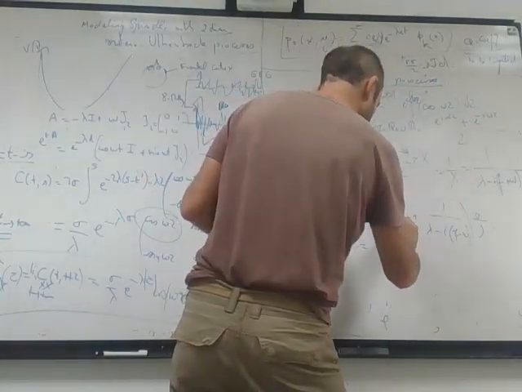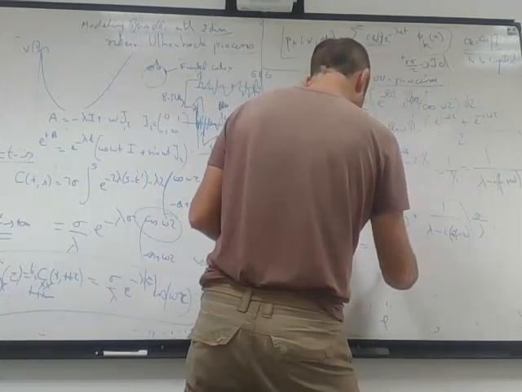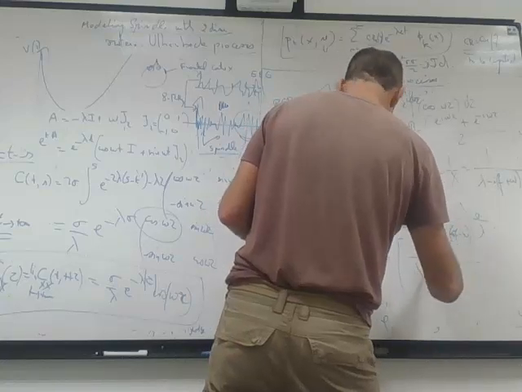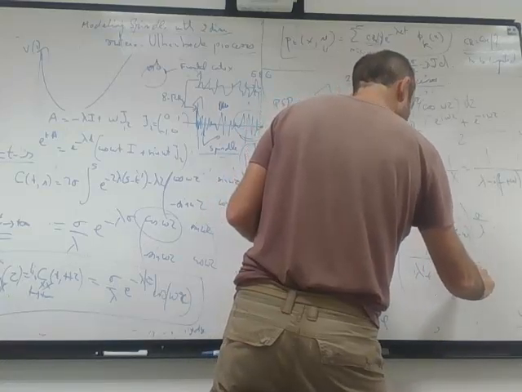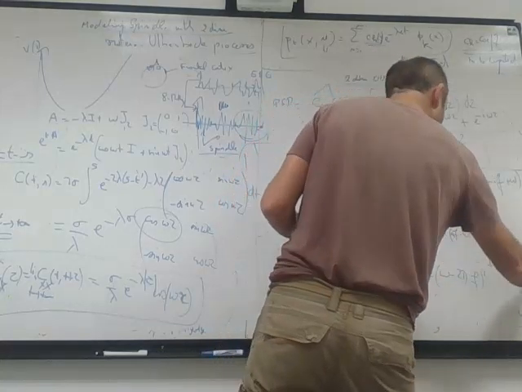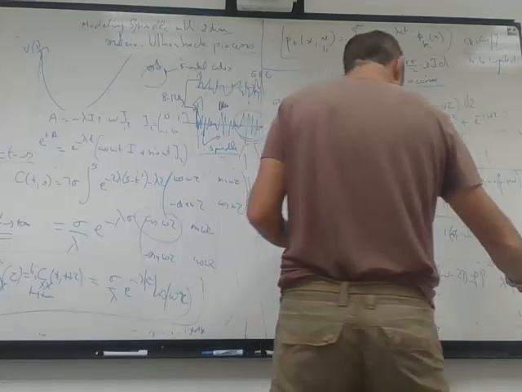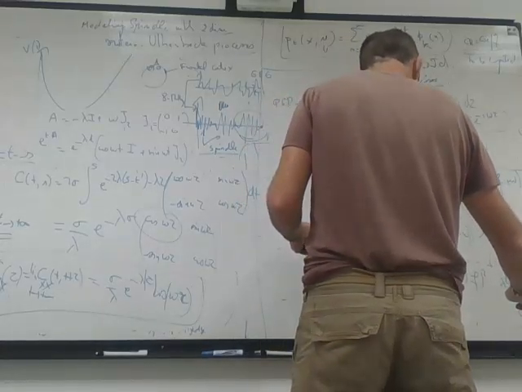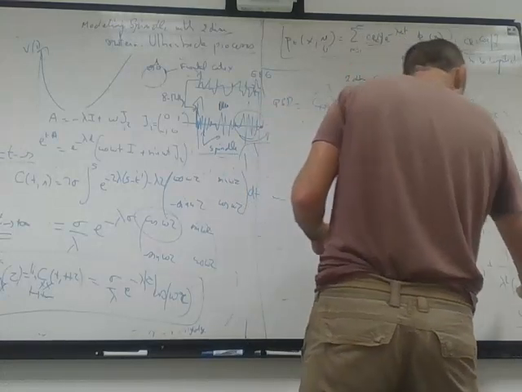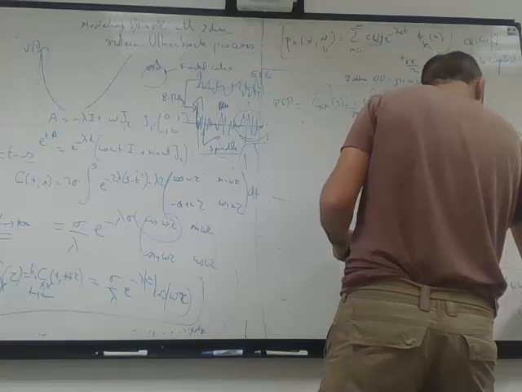So in the end, you get sigma divided by 2 pi, 1 divided by lambda squared plus omega minus 2 pi f squared, plus 1 over lambda squared plus omega plus 2 pi f.